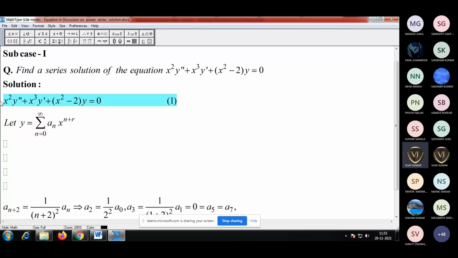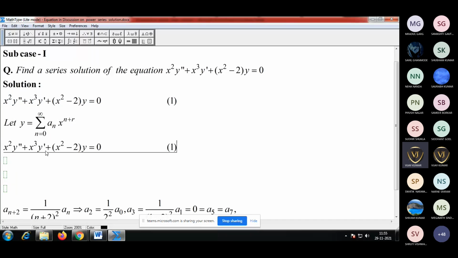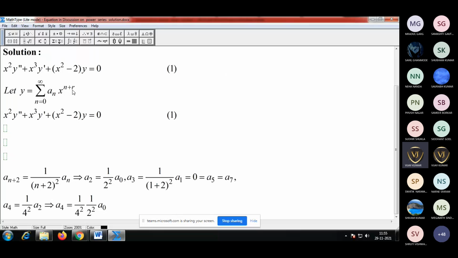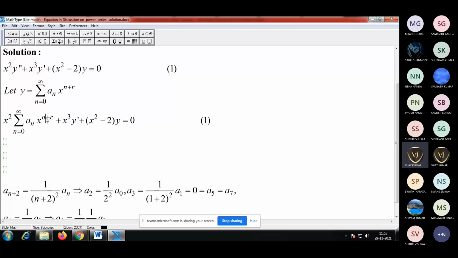Therefore, it will satisfy this equation. y double dash means n plus r times n plus r minus 1, and here minus 2.